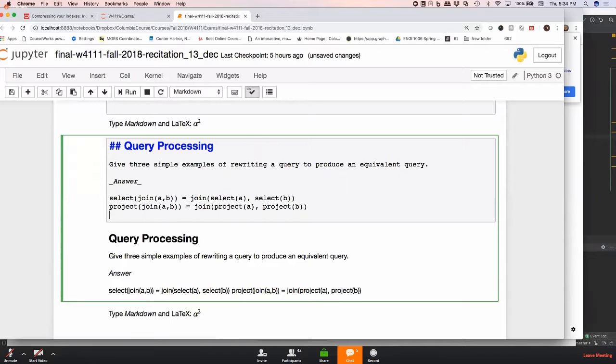Third one, join of A comma B is equal to join of B comma A. Join is commutative. Why would I do that one? The obvious answer is there's an index on B, but not on A. Or sorry, the other way around.